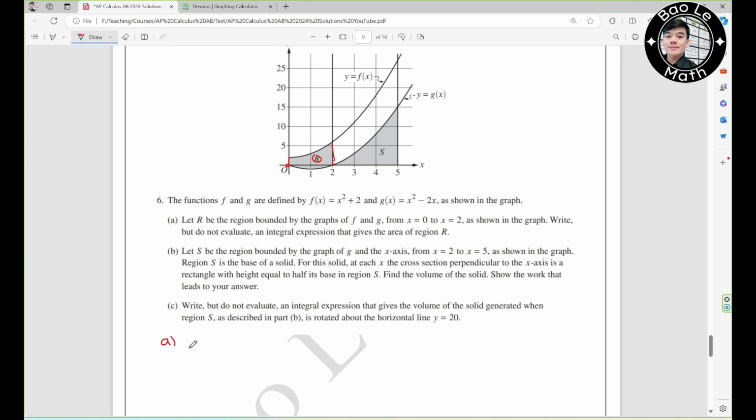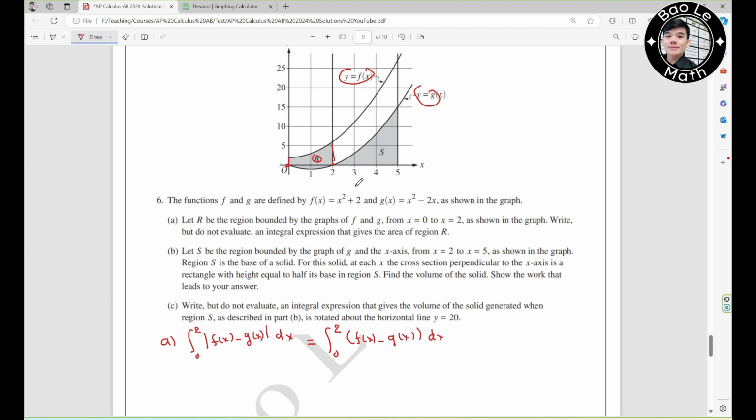So question A is going to be the integral from 0 to 2 of the absolute value of f of s minus g of s ds. Now, this is f of s above g of s, so this guy must be greater than this guy. So when you remove the absolute value sign, it's going to be the integral from 0 to 2 of f of s minus g of s ds.